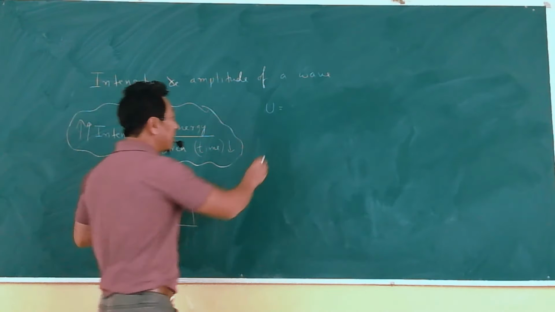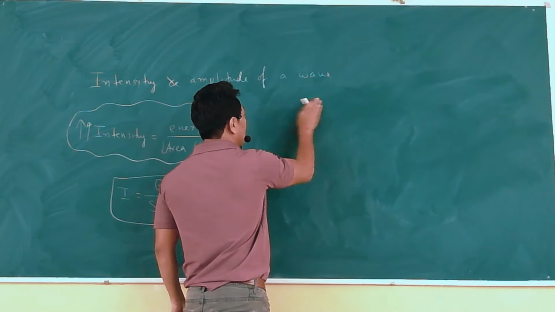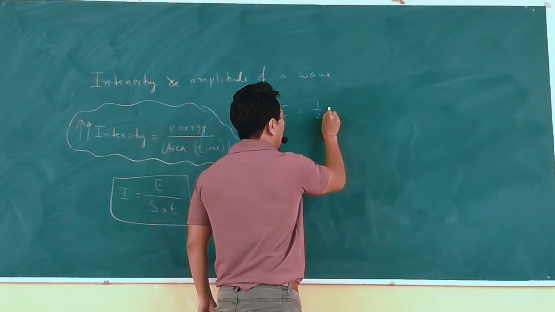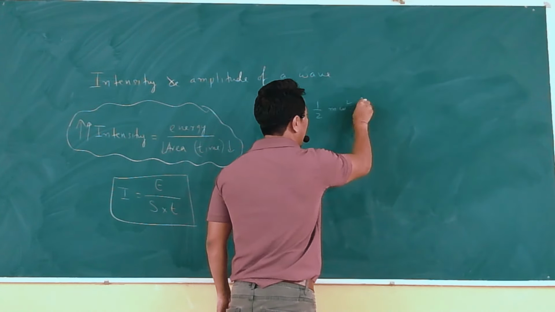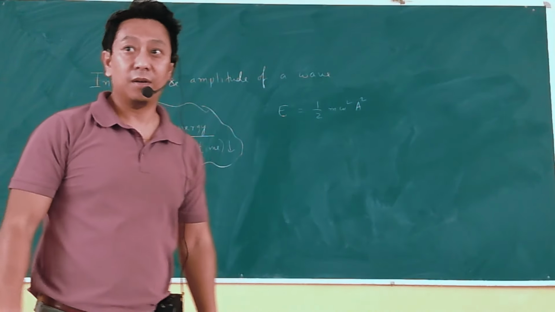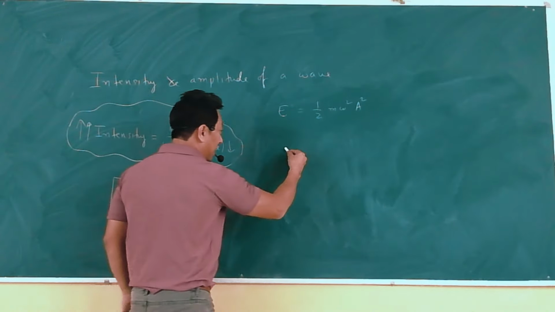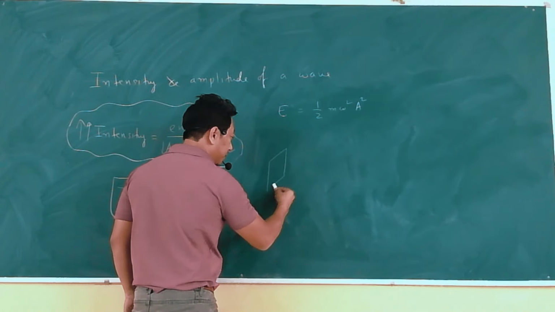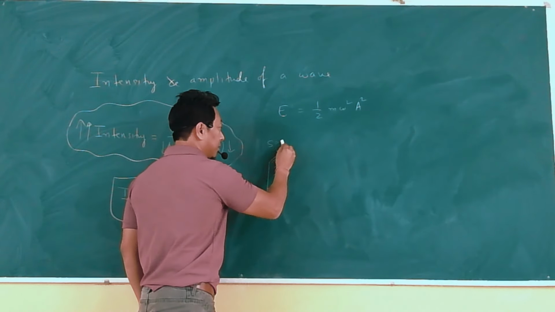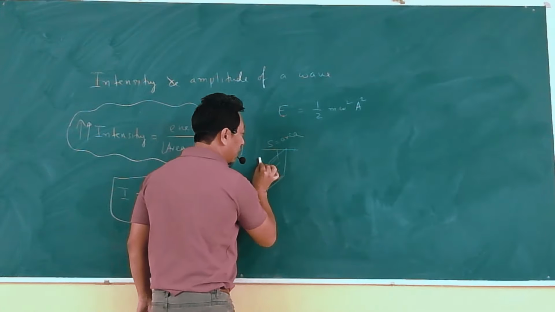Now what is the energy of a single particle performing SHM? Half m omega square a square, where m represents the mass of one particle. But when this energy is flowing through some area, let's say this is the area S, through this area let's say a wave is coming out.